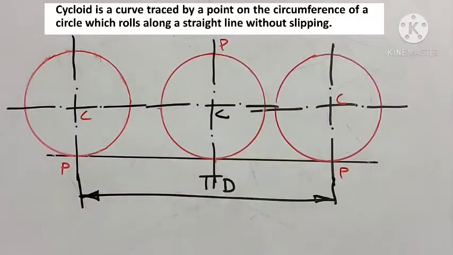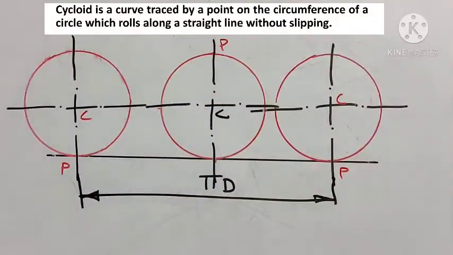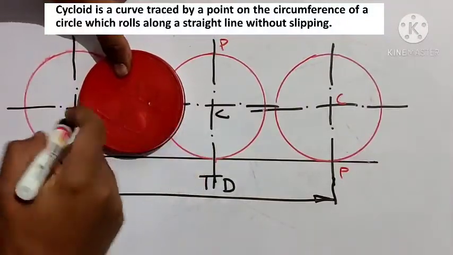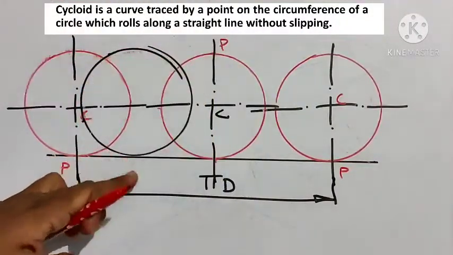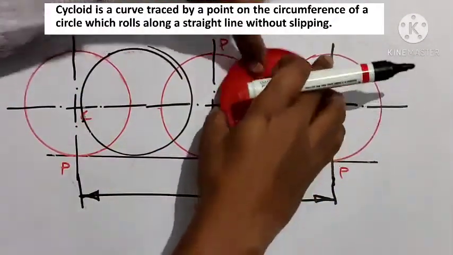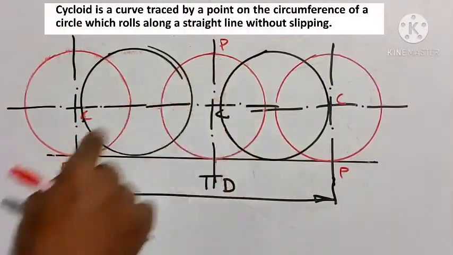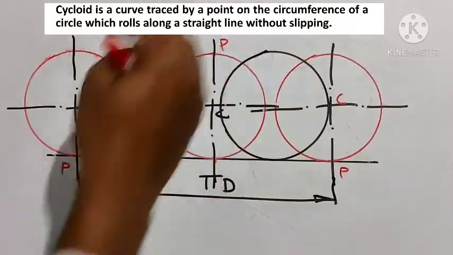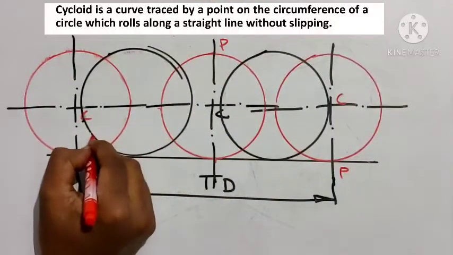And if we take one more point here in between these 2, I am going to take one more position here and one more here. Here it is on the base and here it has reached the topmost point, so here it will be somewhere in between, something like this.